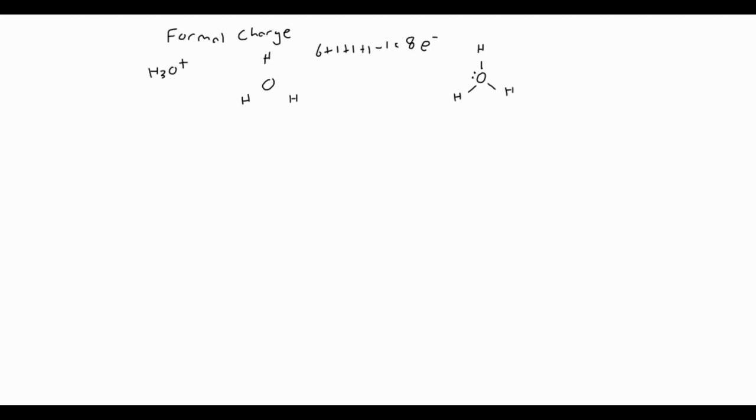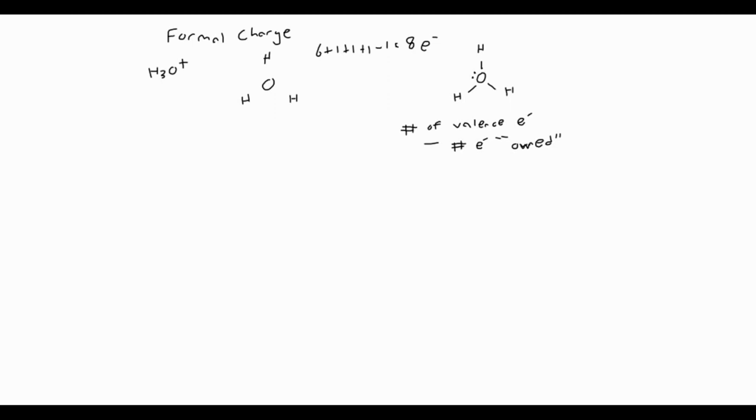But now there is a charge that we have to keep track of, and that's called our formal charge. So to calculate formal charge, you take the number of valence electrons that an atom has when it's neutral, and subtract the number of electrons it owns in the molecule. So what does that mean?